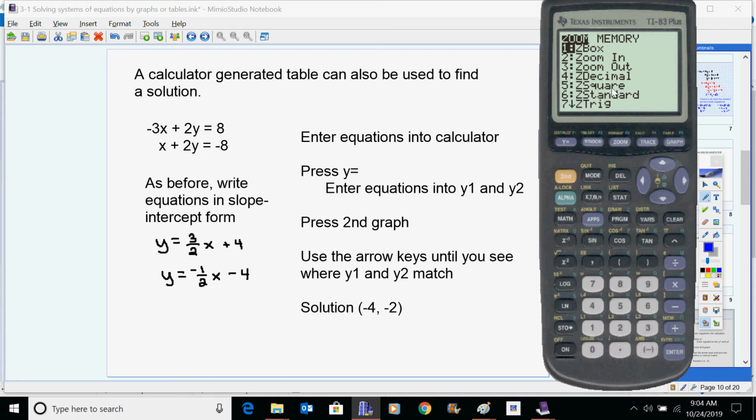Zoom tells the calculator I want to do a graph and I want it to look like a certain thing. So we're going to change that direction to push zoom, and 6 is our standard graph. There's other graphs that are good for other things, but I want to choose option 6. That's a good way to see what a graph looks like to start with.